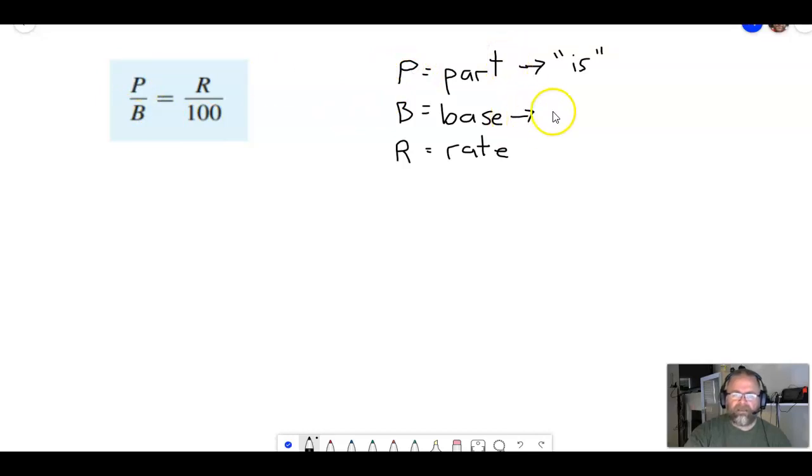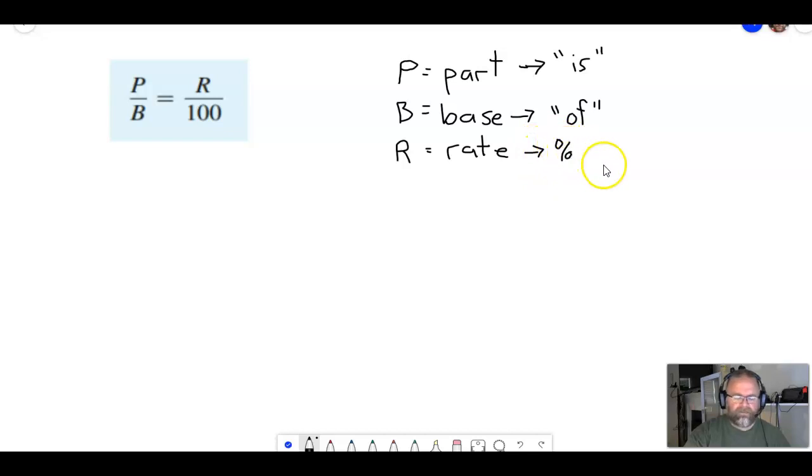The base is often associated with the word of. Not all of the time, but most of the time. So if we see something in our word problem that says like of 120, we would replace the B with 120. And then finally the rate is basically the percentage.